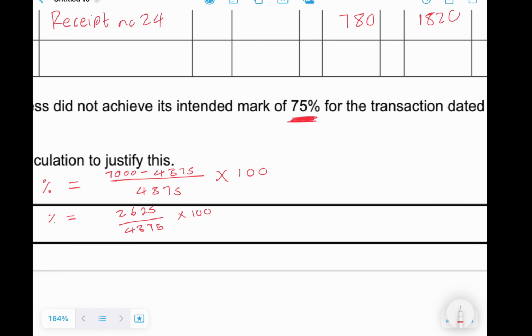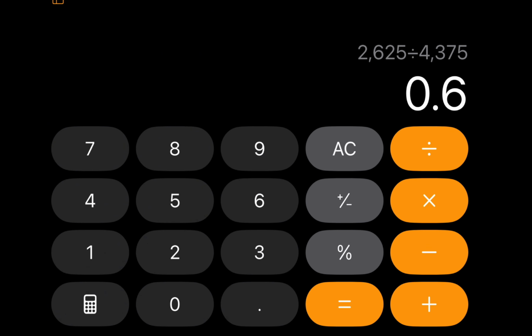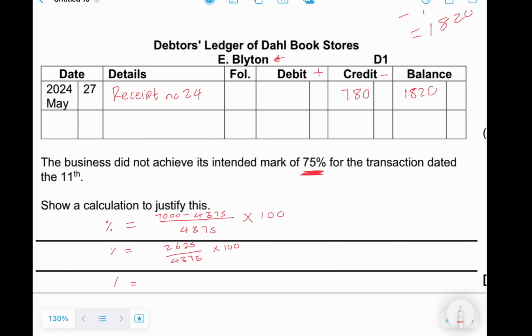Then you put it in a calculator like this. So 60%. Basically here you are saying that this business did not achieve their markup of 75%. However, they achieved a markup percentage of 60%. So this is how you justify it.